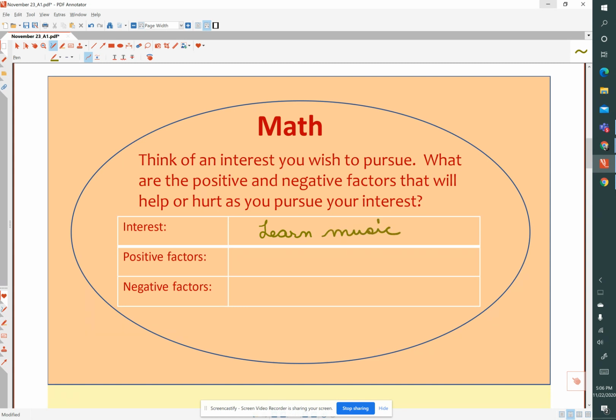And positive factors: I'm good at learning things, and I have friends who are musicians, so I have musical friends. I would say the negative factor would be that I have no time. So that would be something maybe not until next summer, if I want to try that then.